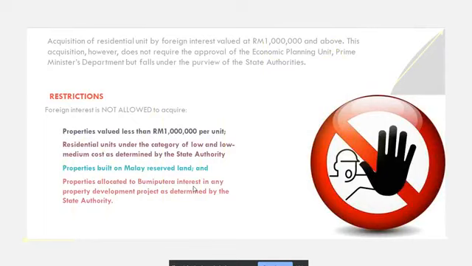So benda-benda macam ni ada restriction terhadap foreigner untuk acquire lah. Bawah 1 juta, low cost, low medium cost, Malay reserve land, dan ada hak bumi kat situ. So tak boleh. Selain daripada itu, boleh lah.